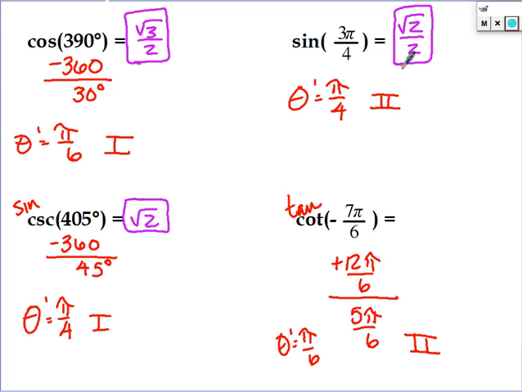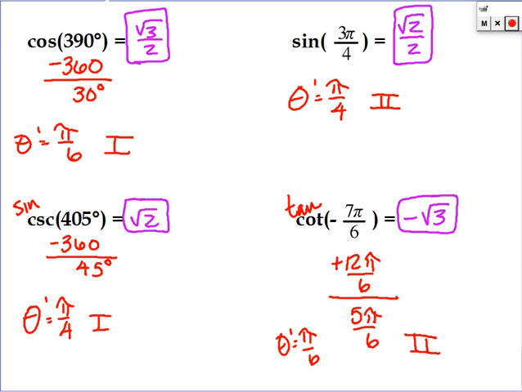And now tangent and cotangent are negative in quadrant 2, and in the pi over 6 family, tangent would be square root of 3 over 3, so cotangent is just square root of 3. So again, it's pretty much the same as what we have been doing. You're just adding or subtracting 360 or 2 pi to get to the values that we have been doing.